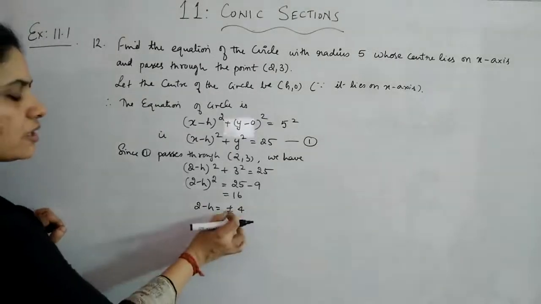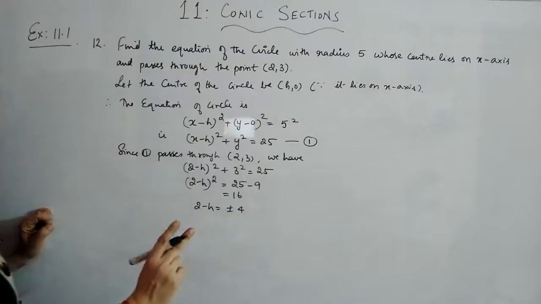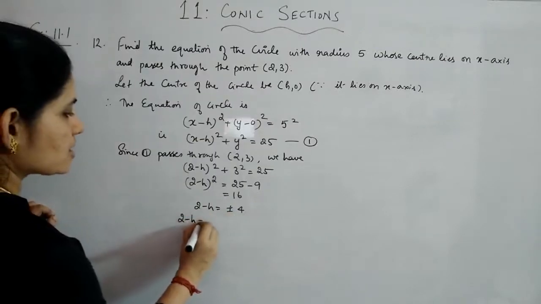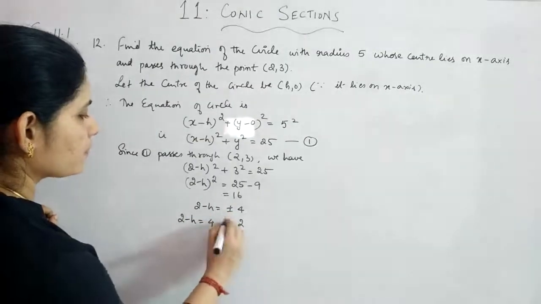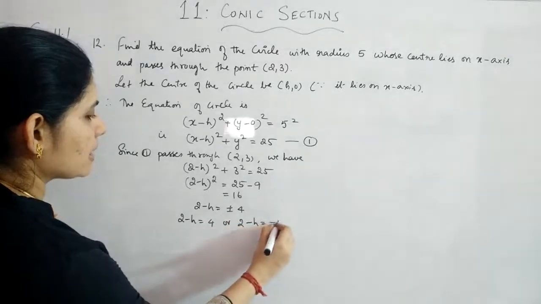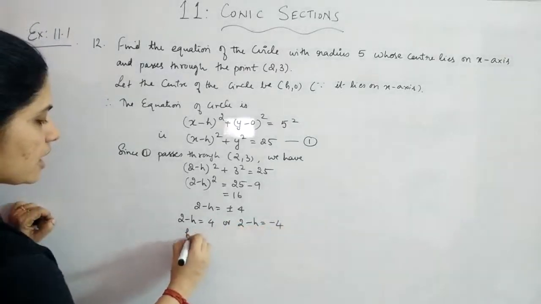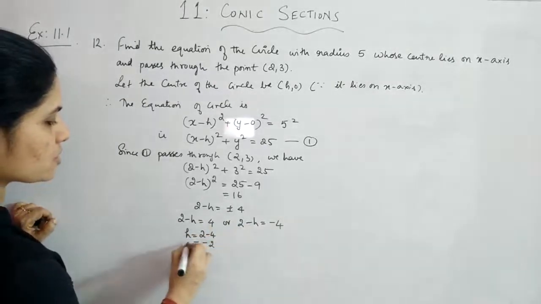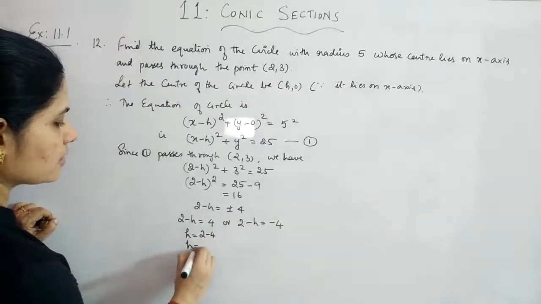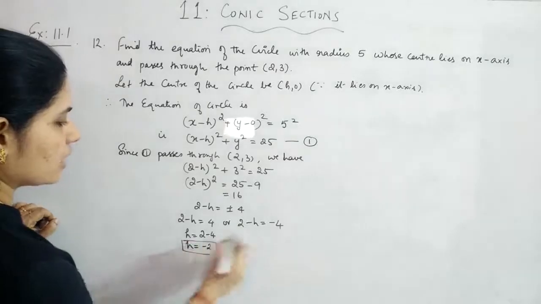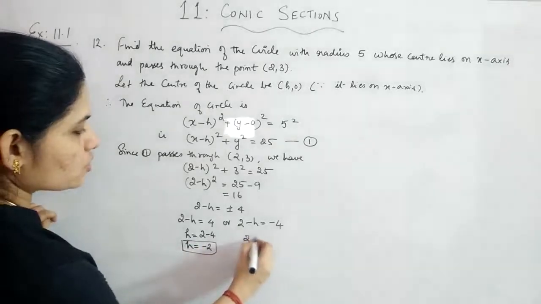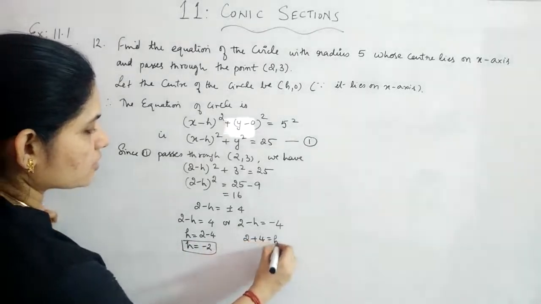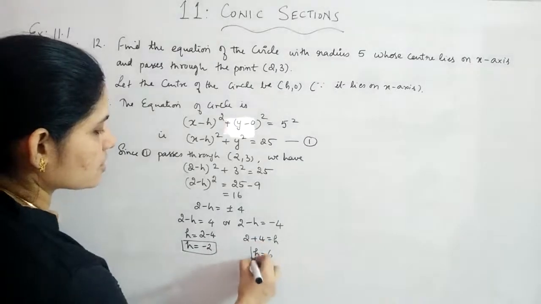So according to this, you will get two values of h, that is either 2 minus h can be 4 or 2 minus h can be minus 4. So here you are getting h as 2 minus 4, which is minus 2. So one value of h is minus 2, and here you will get 2 plus 4 is equal to h, or h is equal to 6.